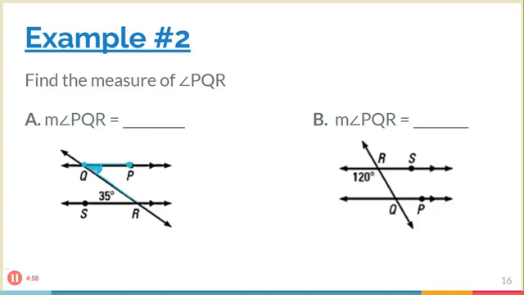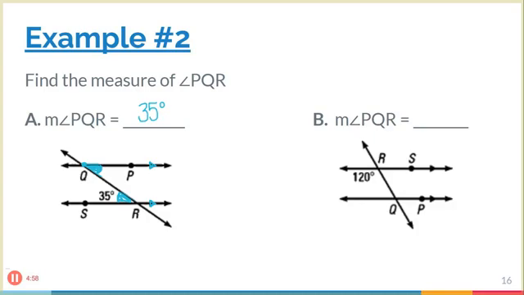You can see that that angle and angle QRS are alternate interior angles. Since those are alternate interior angles, and because we see that these two lines are parallel, we know that alternate interior angles are congruent. So that means the angle PQR is going to be 35 degrees.